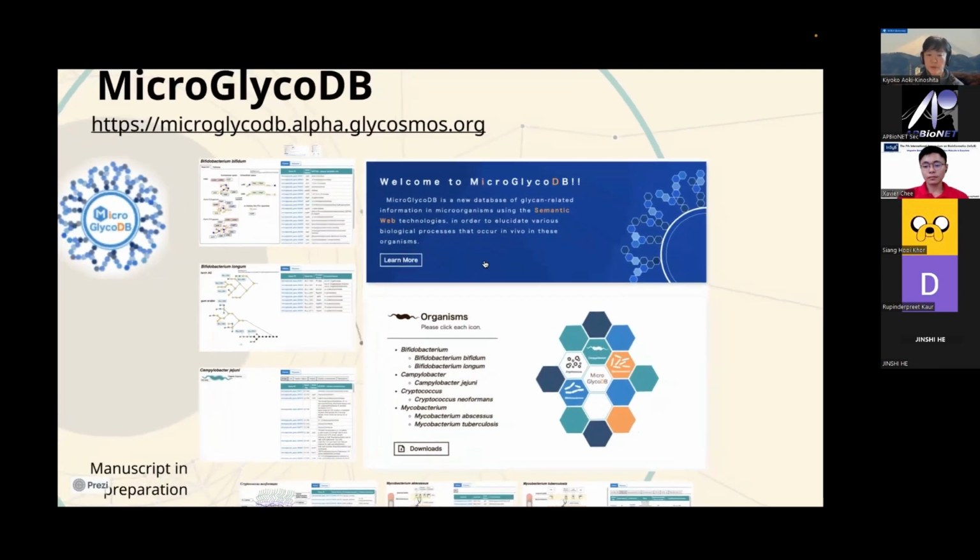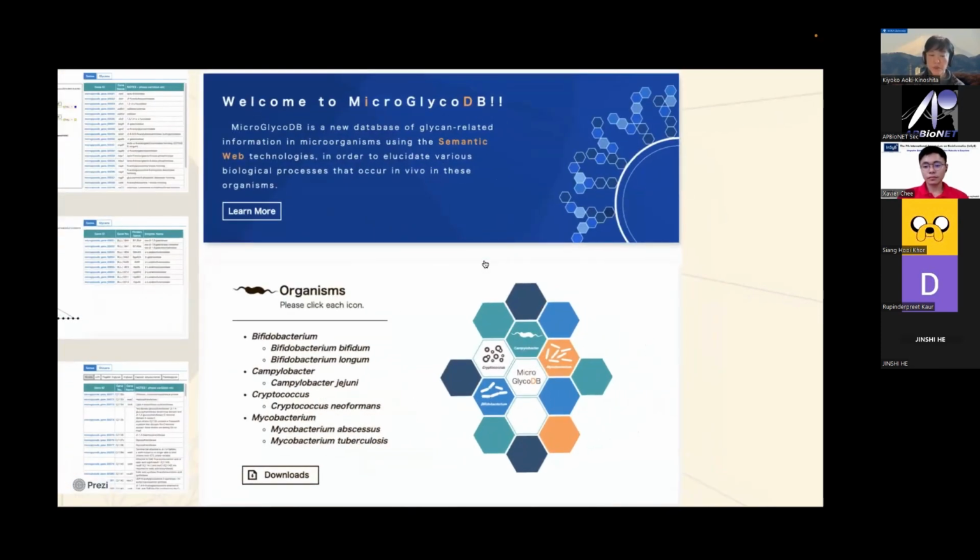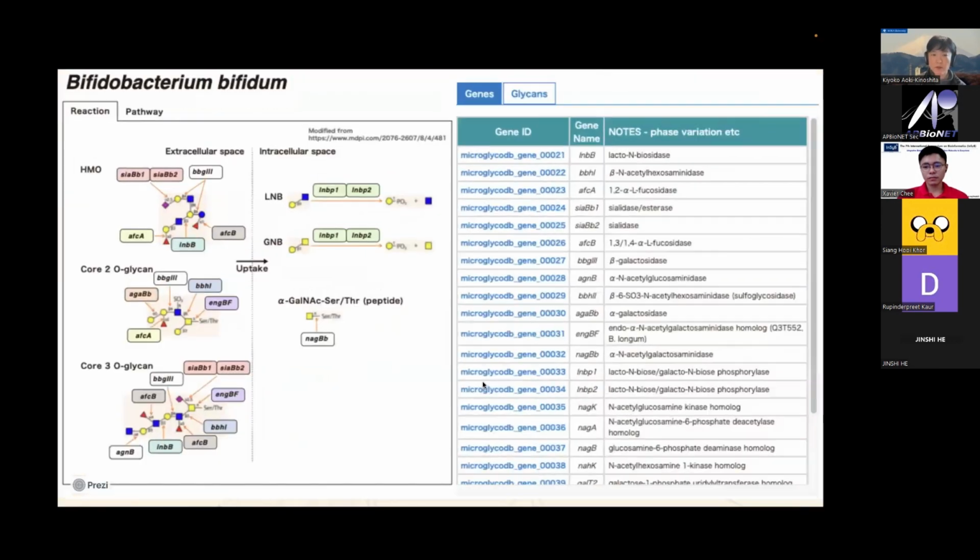We've had collaborations with researchers who have been studying all these different organisms. For example, for Bifidobacterium bifidum, we received their data as images, and you can click on these different images and see the different genes that are involved in generating those glycans. This is very specific to this species.